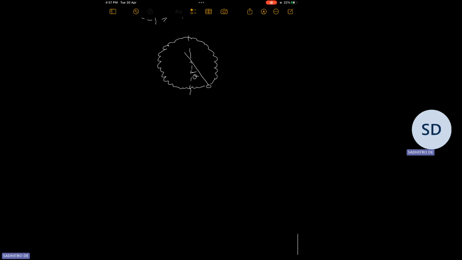And this opposing torque is proportional to the angle which it makes with the vertical. So therefore, it is proportional to theta, the angle, with k the spring constant.